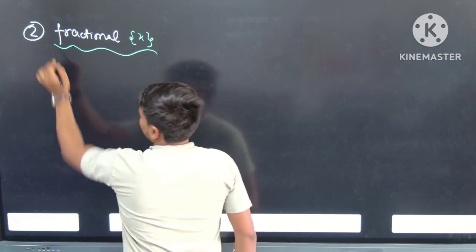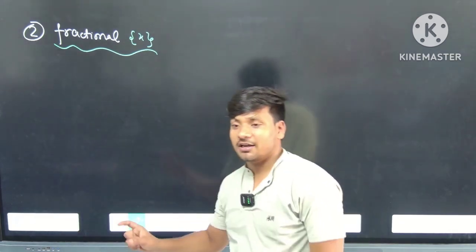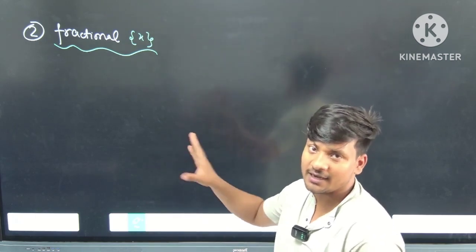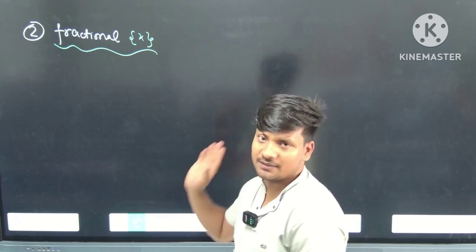Fractional part of x is also not continuous at integer points, hence it is also not differentiable at integers. Okay, and apart from integers it is differentiable.